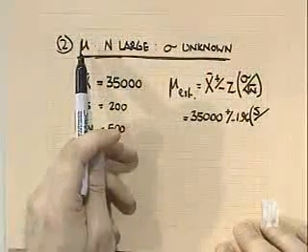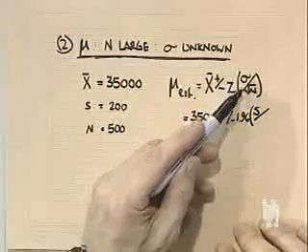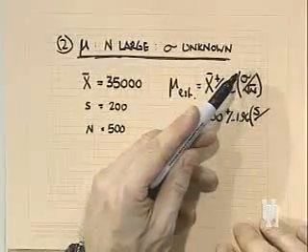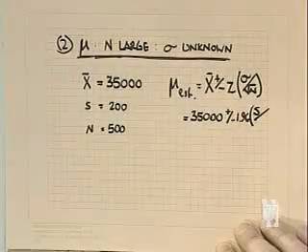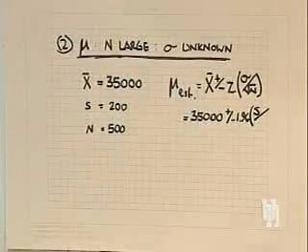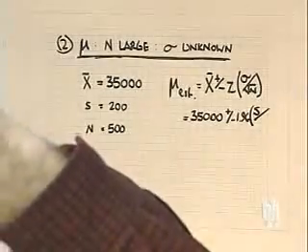It's not either or. The issue is that X bar is an unbiased estimate of mu. But S is not an unbiased estimate of sigma. S is a biased estimate of sigma. And to correct for that bias, you had to change the denominator in your computation from n, when you were computing variance and standard deviation of a population, to n minus 1 when you were dealing with a sample.